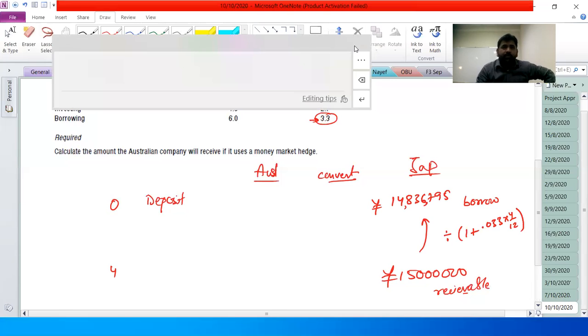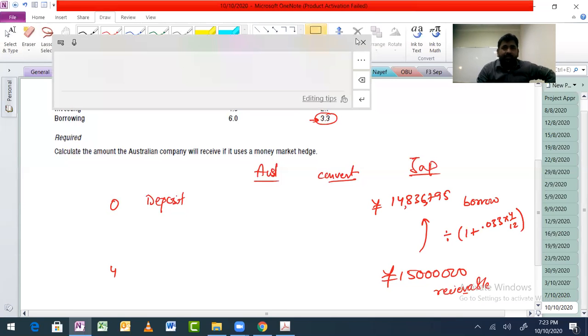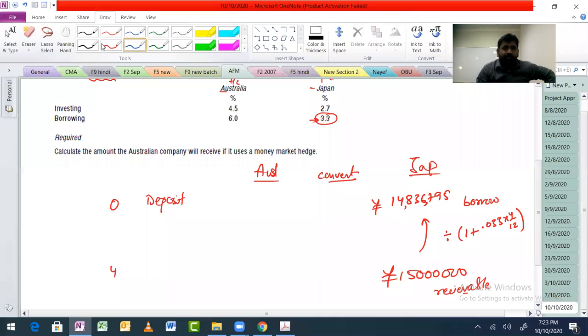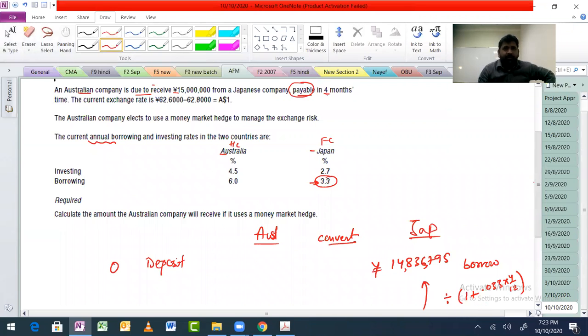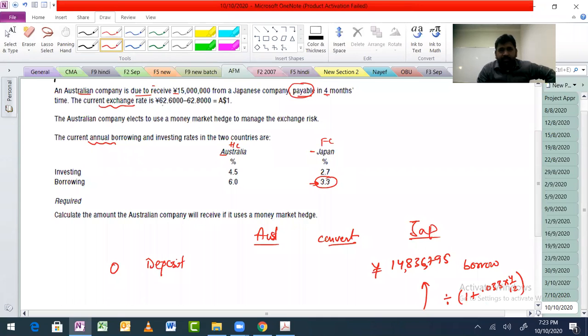Now the next thing is conversion, right? For that we need to know the spot rate. Let's see if the spot rate is given. The current exchange rate is given. So how are we going to convert this, and how many Australian dollars will we get?